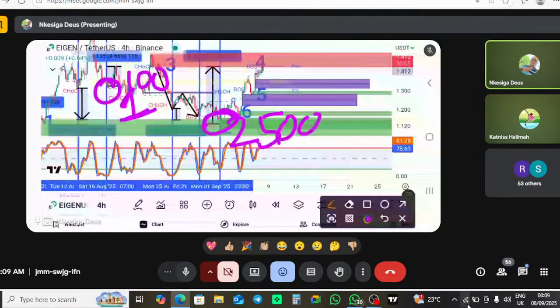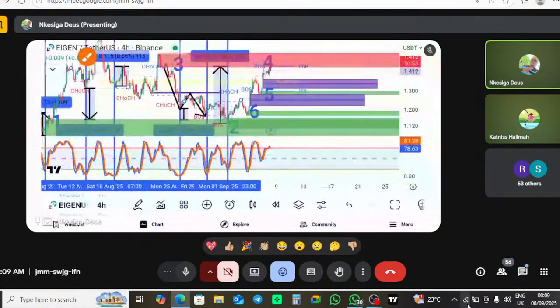So, don't always ask anyone, why are you making too much money than me, yet we have the same capital? Your decisions are not the same, and the time you are giving the business is not the same. Someone is spending the whole day on the chart looking for signals to trade, while you are doing other things.